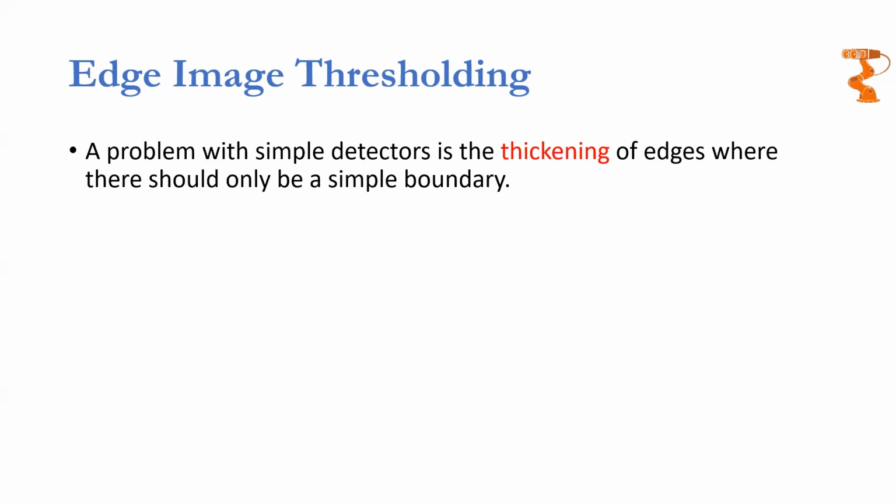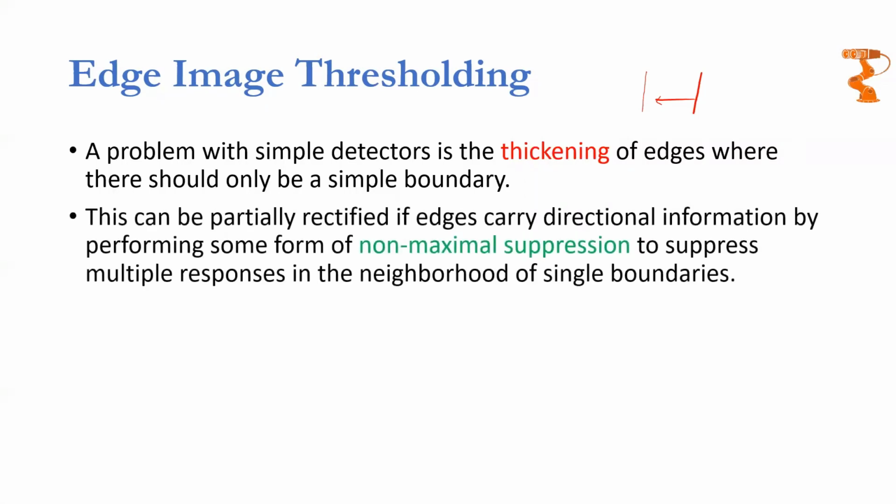And instead of a very thin edge, like this, you are going to get a thick edge. So how can you convert this back into this one? There is a very easy method for that. You can use some form of non-maximal suppression.